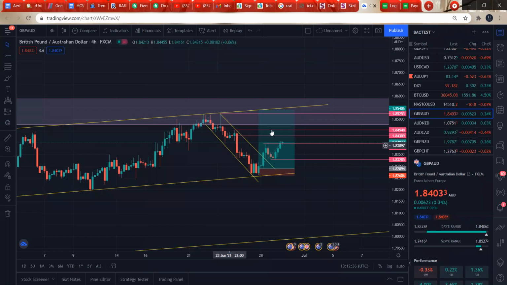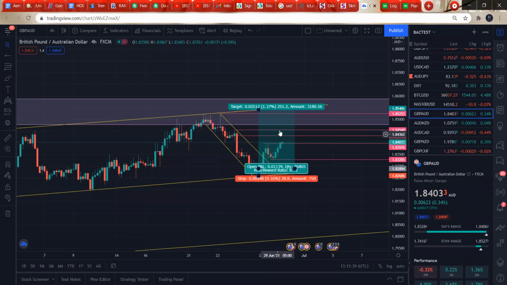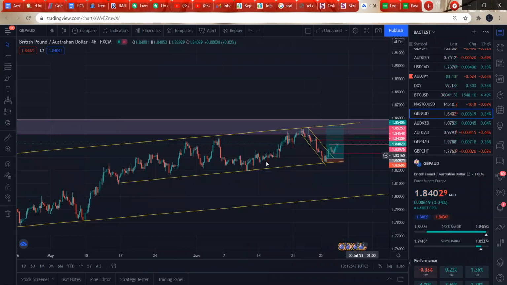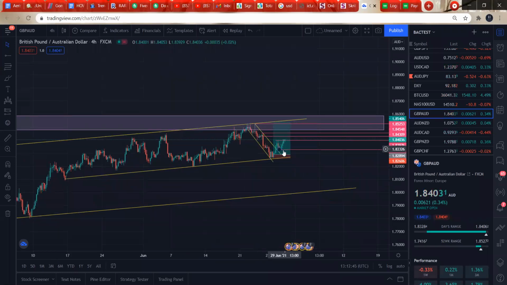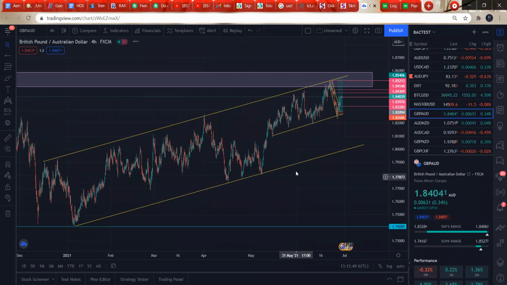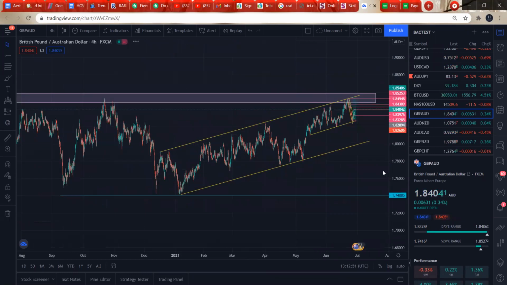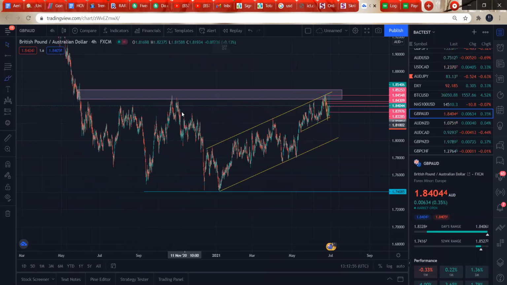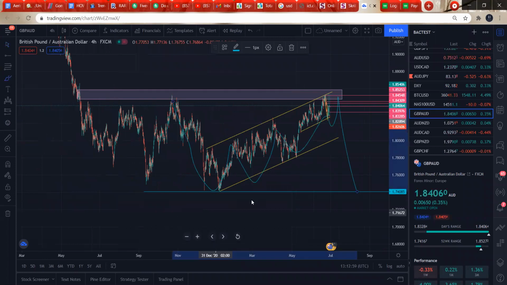From here, we know the market can decide to go down because of this structure that we have on the bigger time frame. If I zoom out, we're still waiting for this market to go down.